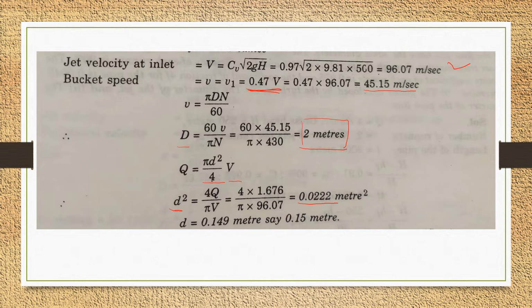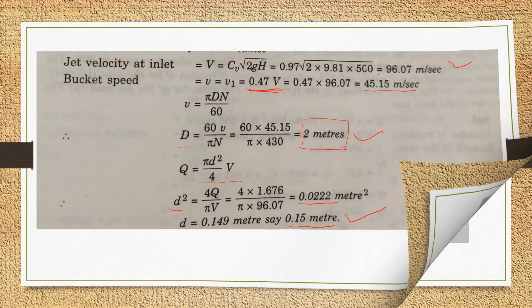From this, we get the diameter of the single jet as 0.15 meter. So by using the data given, what we have found out is the diameter of the runner and the diameter of the jet for the single jet turbine.